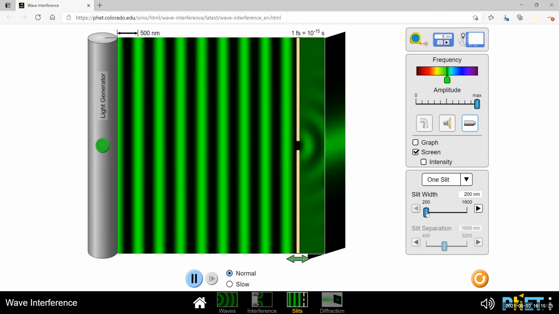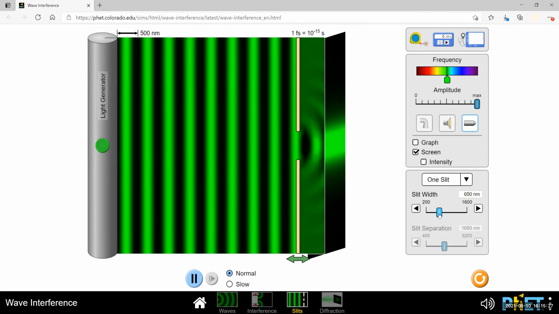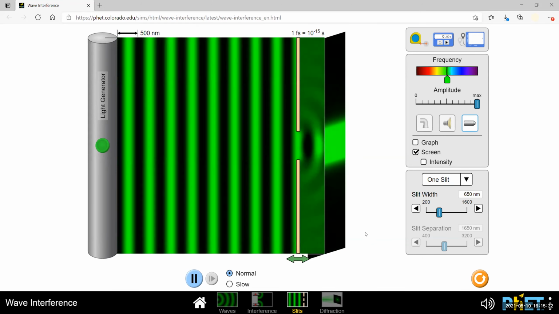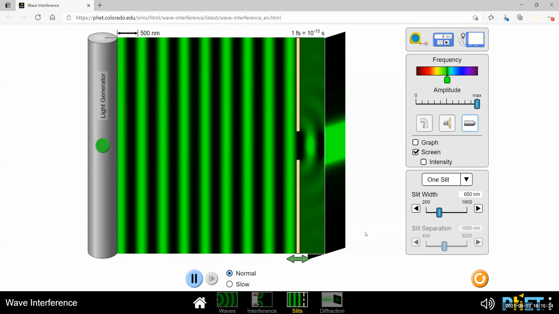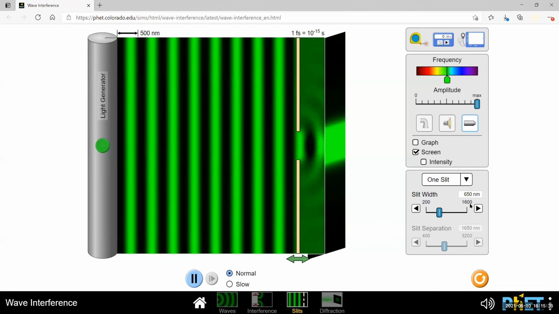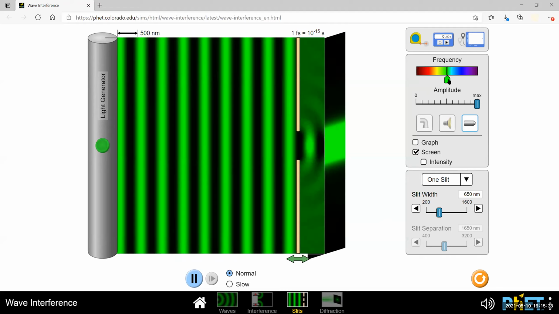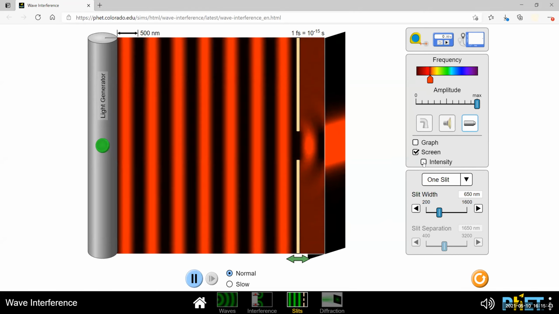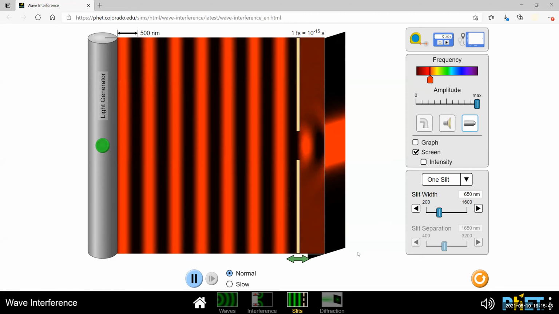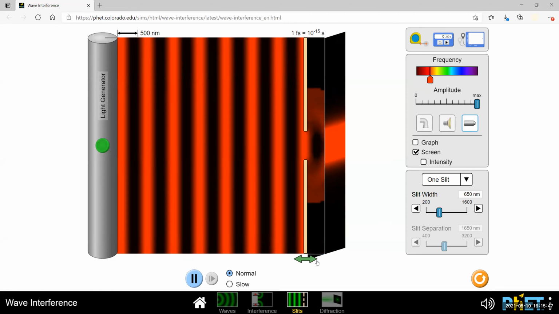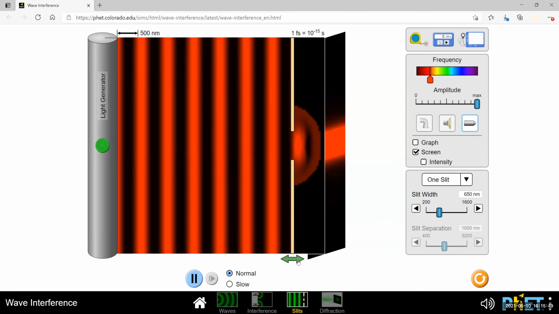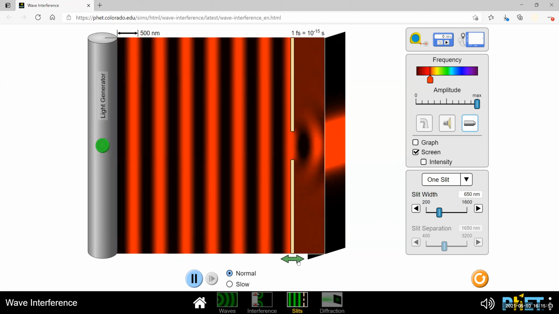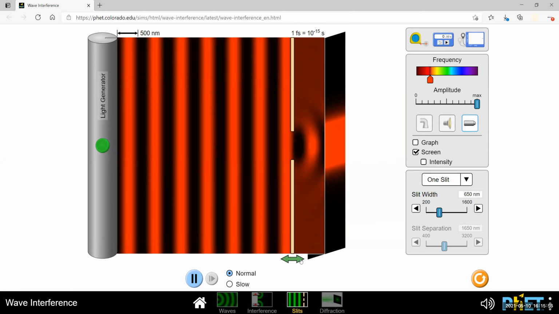It doesn't show it right now, but it does show patterns of interference also in here. Anyway, so this is the idea behind the single slit and the double slit experiment. Let's see if we can change the color and if it matters.